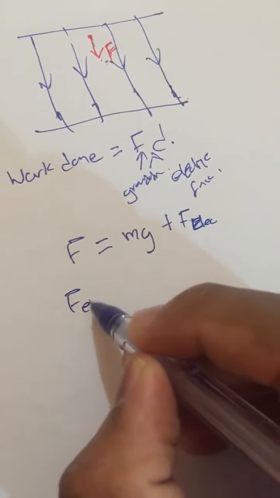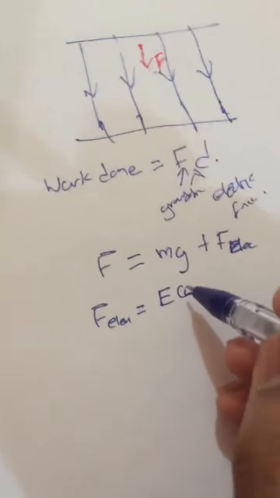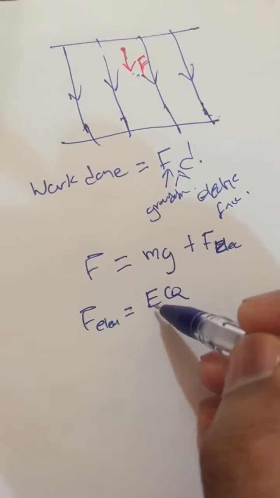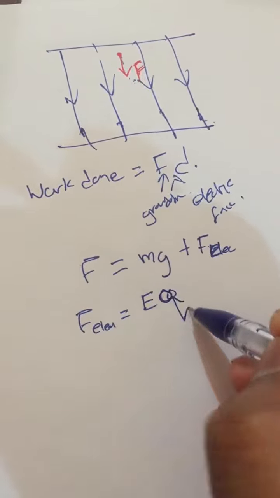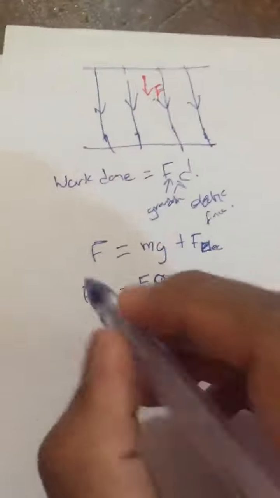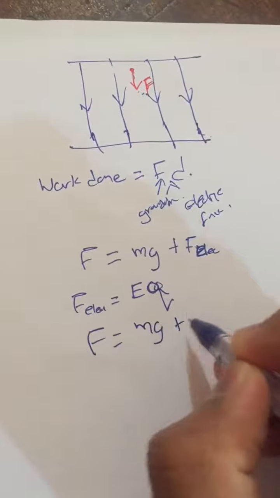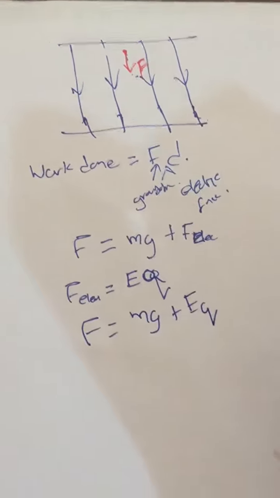But we can write electric force as E into Q, the charge into the electric field strength. Let me use small q. So the resultant force acting on the object is equal to mg plus Eq, right? But there is an issue.